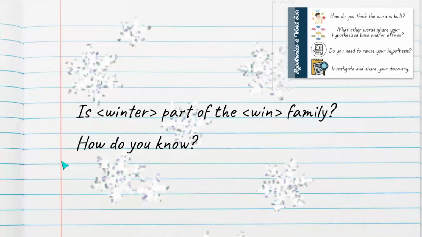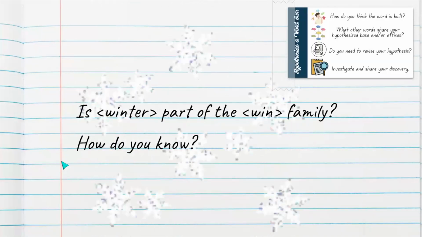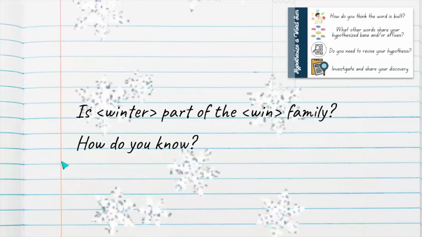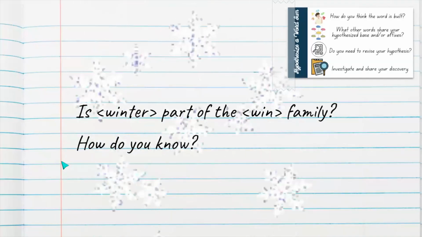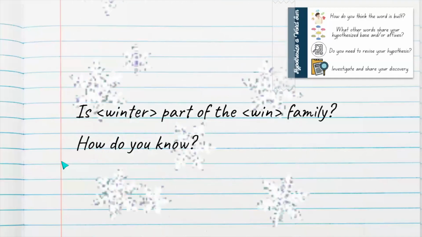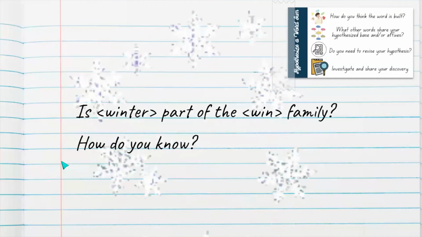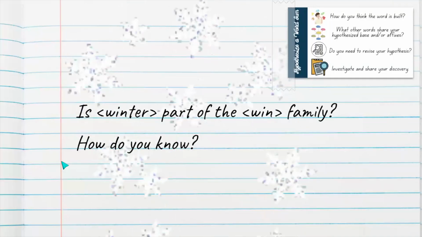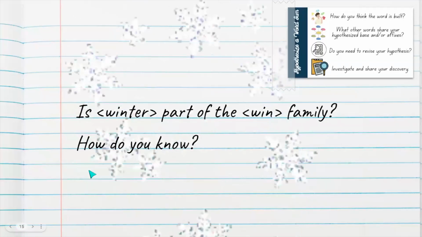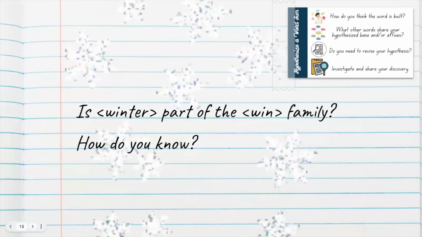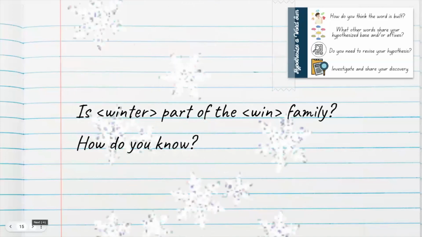Or I could say, hey, well, what else would be in the win family? Winning, winner, wins. Now, we don't win at something, but we say that we won, and then maybe we're looking at some interesting past tense pieces. But this could be just a really quick question that you ask your students to kick off a little bit of a conversation.